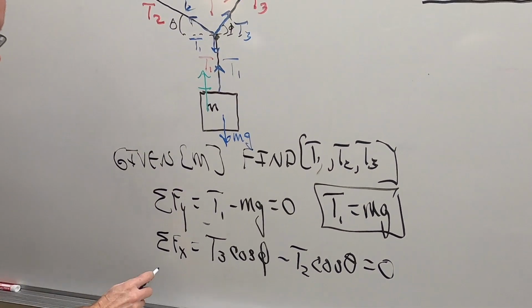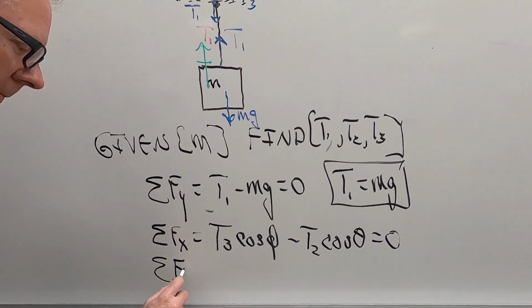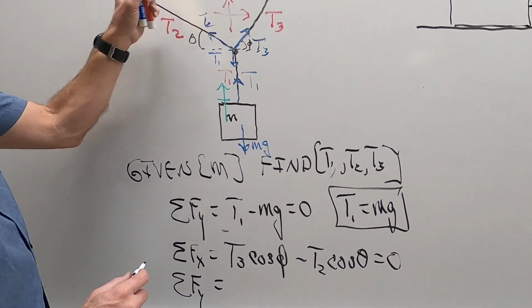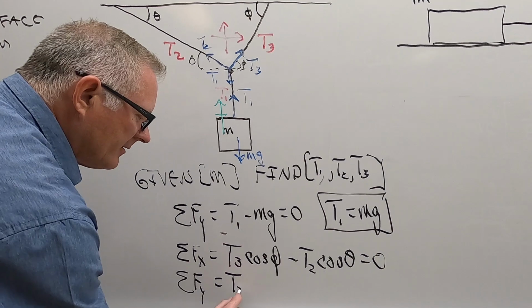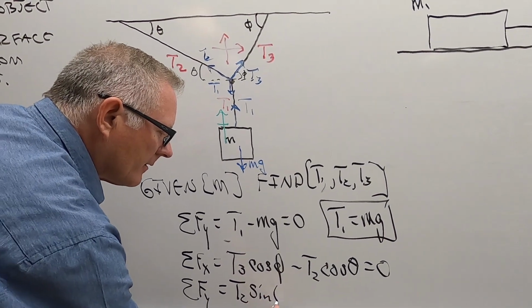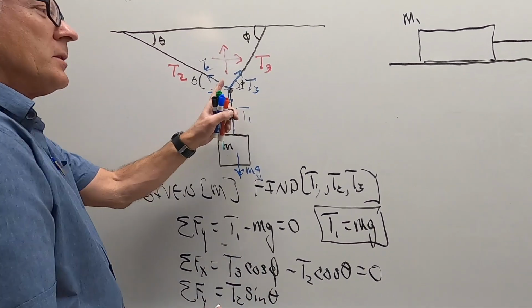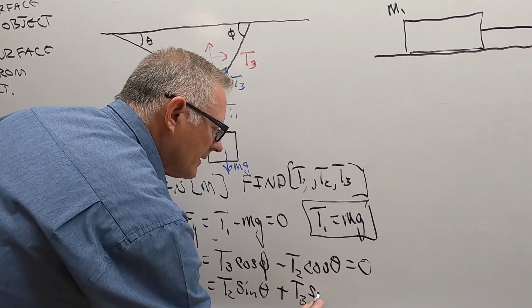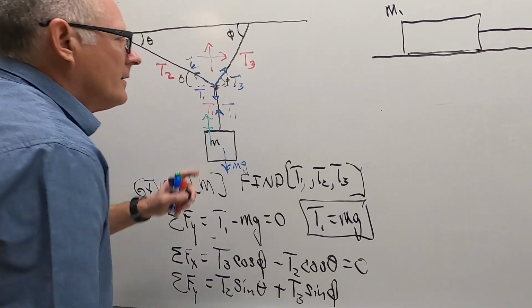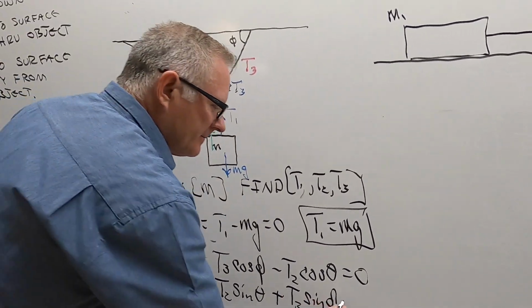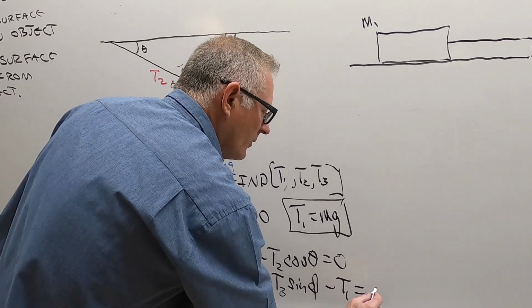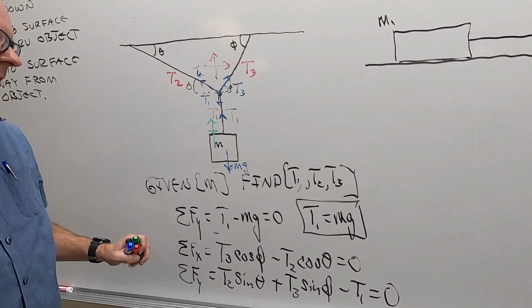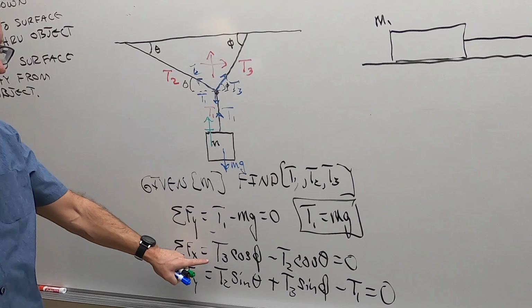Sum of the forces in the y: we get T2 sine theta, that's up, plus T3 sine phi, minus T1 equals 0. Okay, so remember, I have three unknowns and I got three equations.